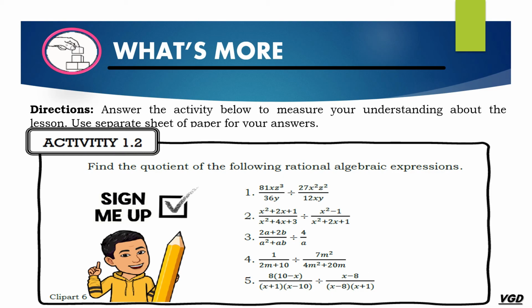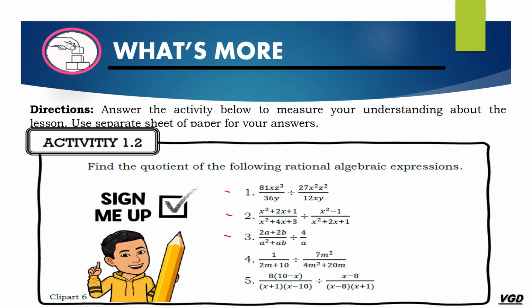So we have here for number 1, 81xz cubed over 36y divided by 27x squared z squared over 12xy. Number 2, we have x squared plus 2x plus 1 over x squared plus 4x plus 3 divided by x squared minus 1 over x squared plus 2x plus 1.